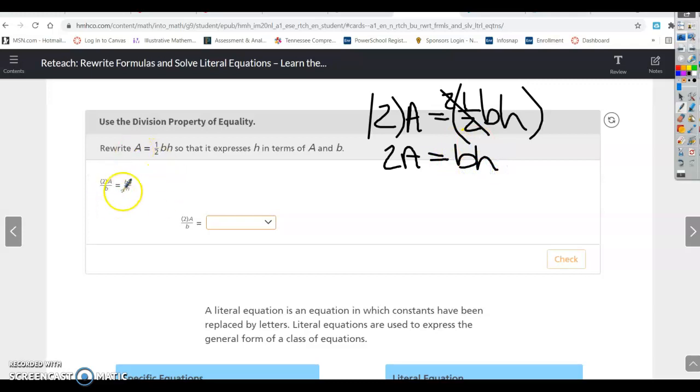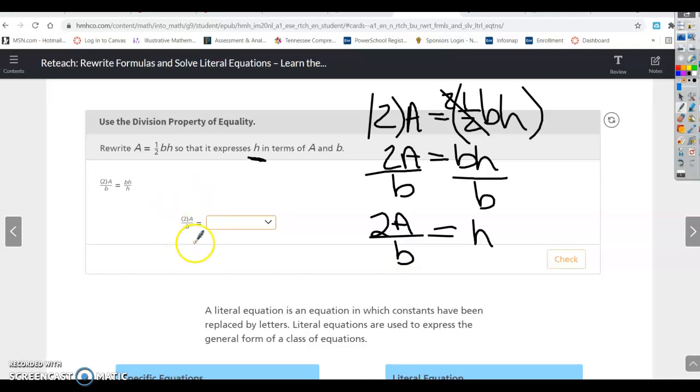So now in this step, they're wanting us to express it in terms of H. That means we want to get H by itself. We're solving for H. So we need to divide both sides by B. So H equals 2A over B. So right here they have 2A over B, and that's going to equal H.